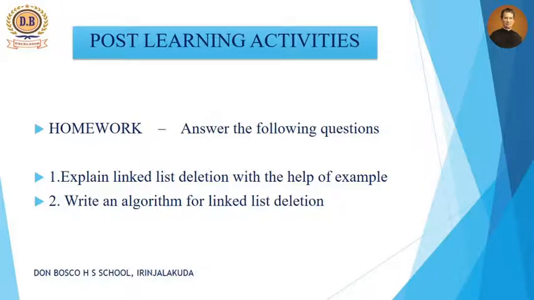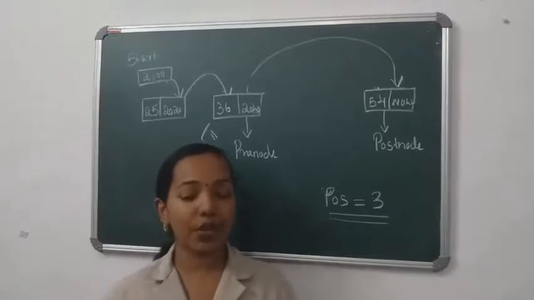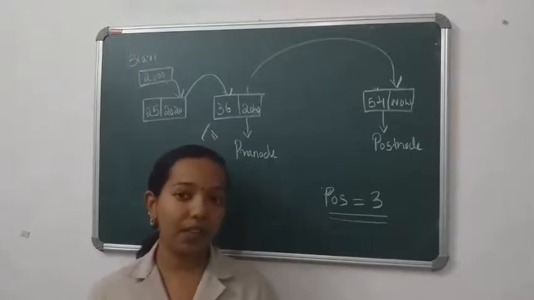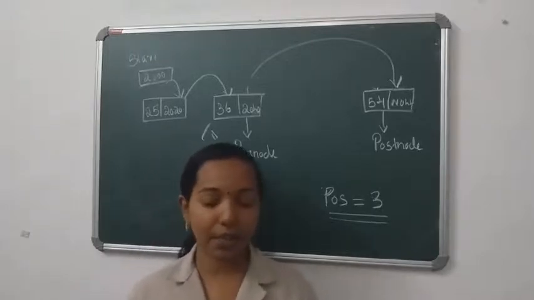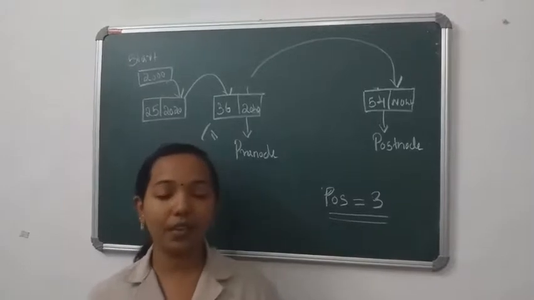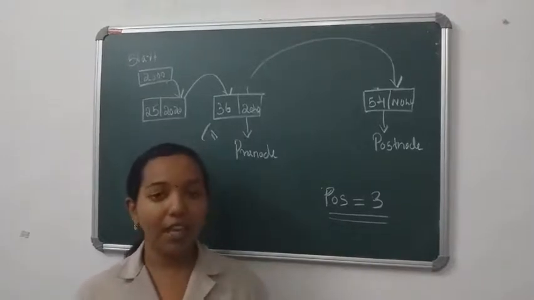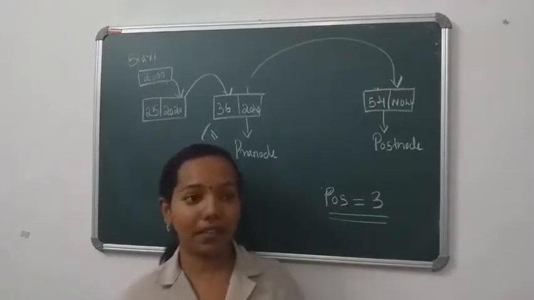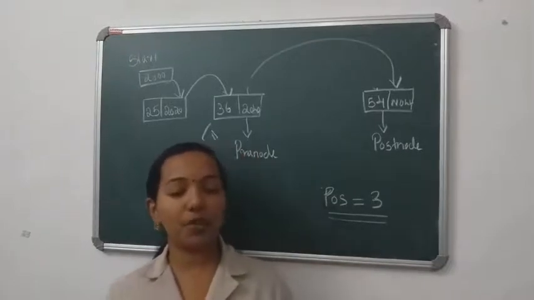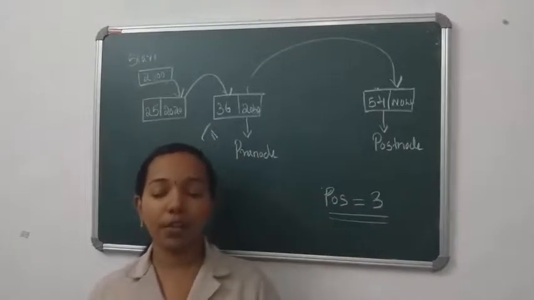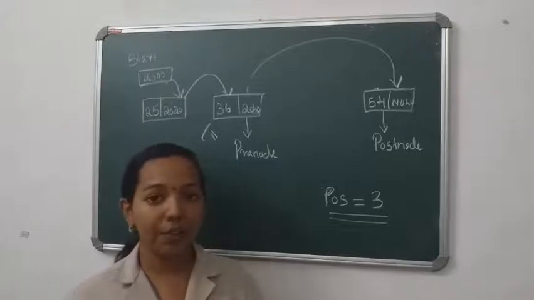You also want to draw the figure in your notebook and write the algorithm, because compared to stack and queue, the illustration and explanation with a figure will definitely come for your examination. So you want to study the algorithm and also the explanation steps, then only can you complete your chapter and your notes. So write this question's answer in your notebook.